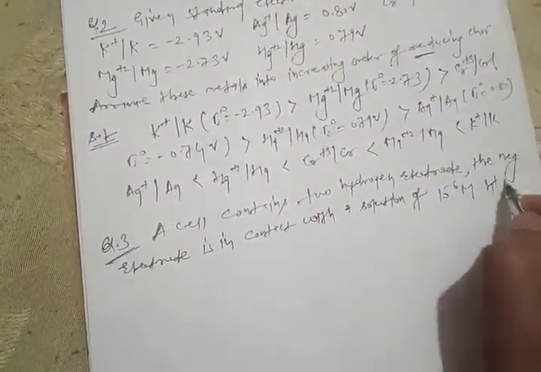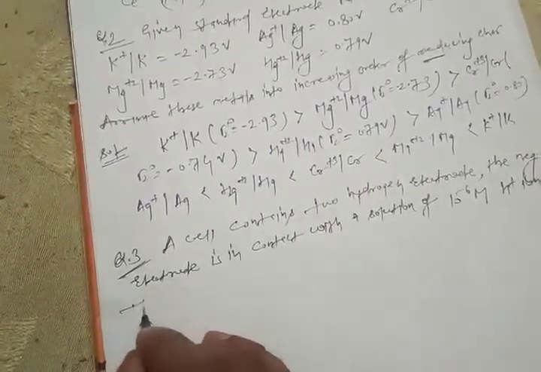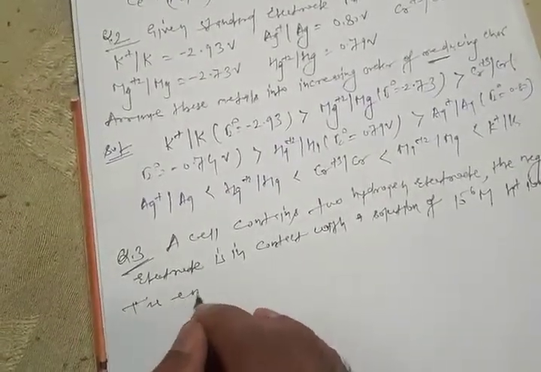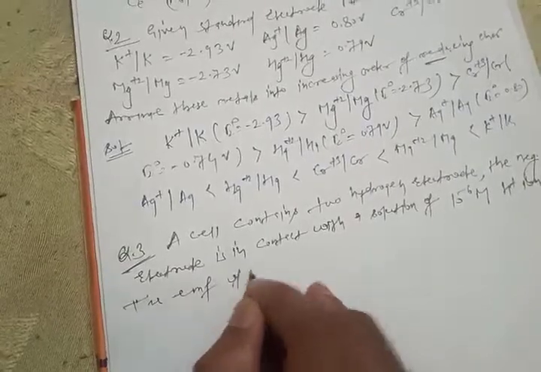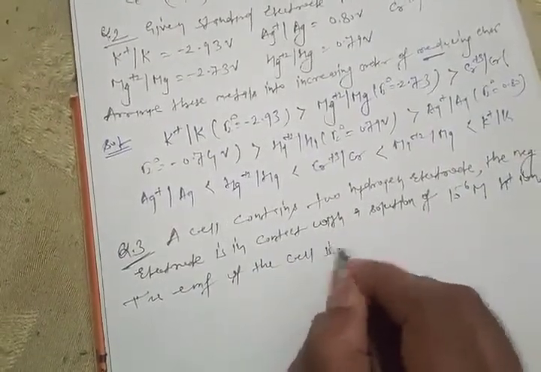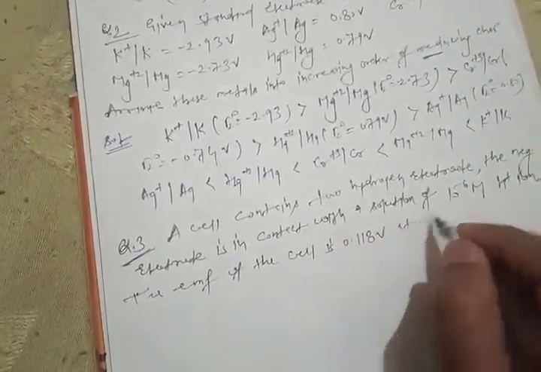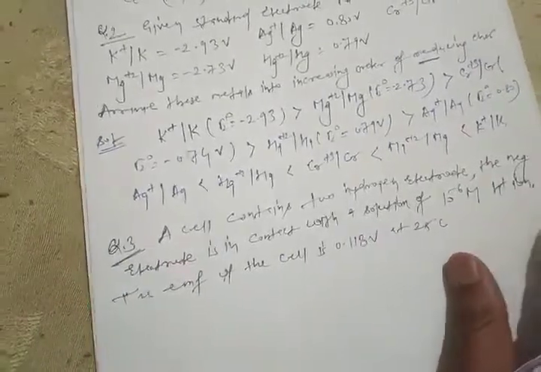The EMF of the cell is always positive, so the EMF of the cell is 0.118 volt at room temperature, that is 25 degrees Celsius.